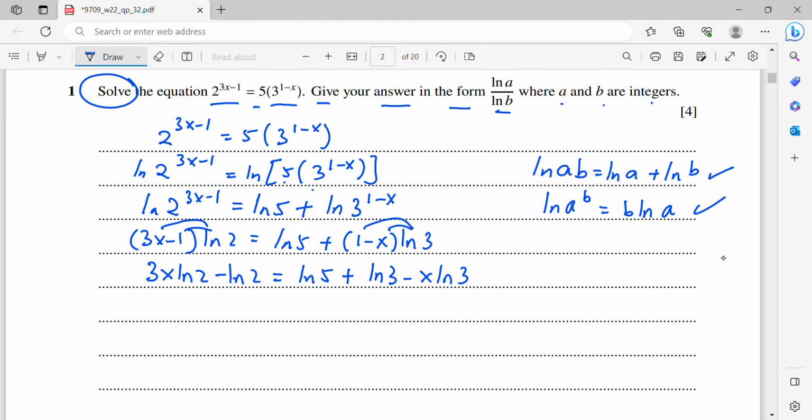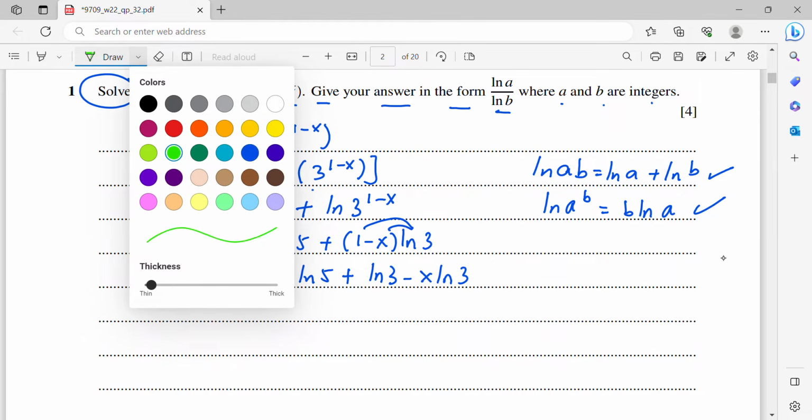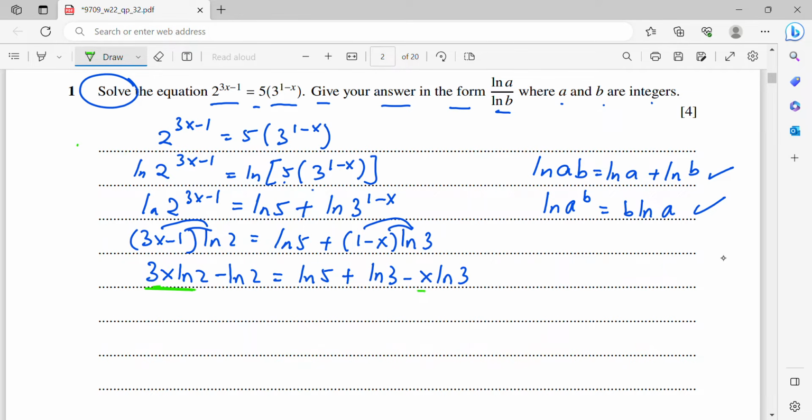Okay, and then for the terms which consist of x, we should group them on one side. So I will be moving the negative x ln 3 from the right side to the left side. So I will get 3x ln 2 plus x ln 3, then right hand side equals ln 5 plus ln 3, and this negative ln 2 will be moved to the right side. So I will be getting plus ln 2.